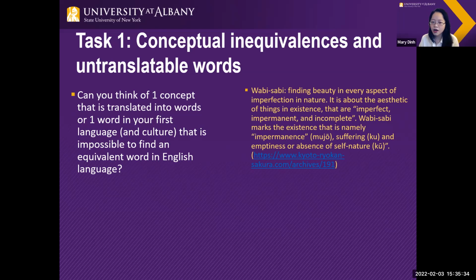They want to incorporate the idea of finding beauty in every aspect of imperfection in nature, and they want to talk about the aesthetic of things in existence that are imperfect, impermanent, and incomplete. Those are the ideas they want to reflect in their project. So in Japanese, they just have to say wabi-sabi.